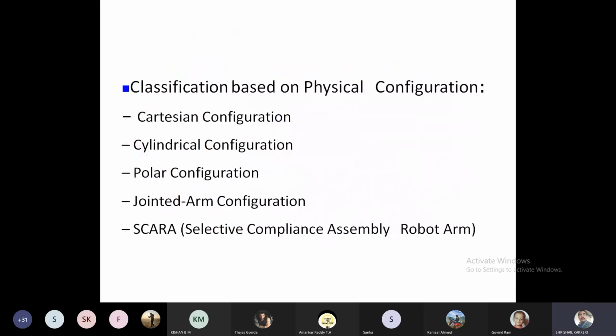Now, you take any robot. Today in the industries you can find robots engaged in assembly operations, painting operations, welding operations, and they are just like a servant for some of the automated mechanisms or machineries.